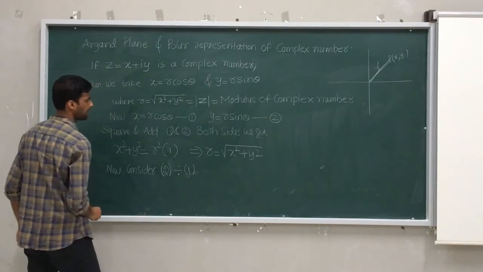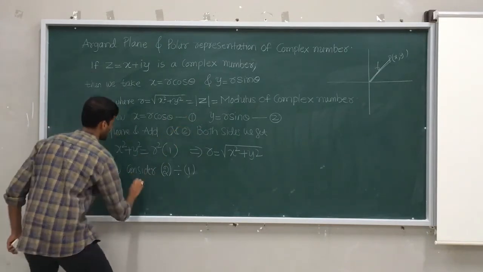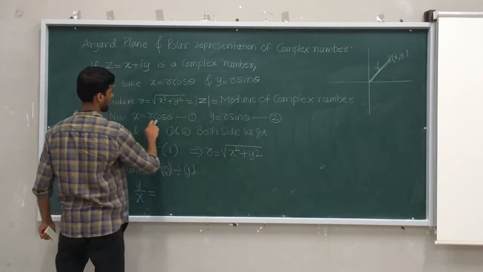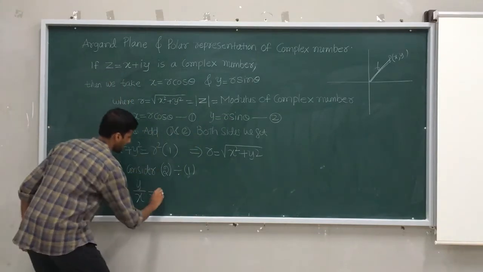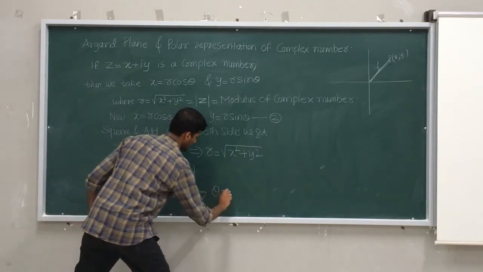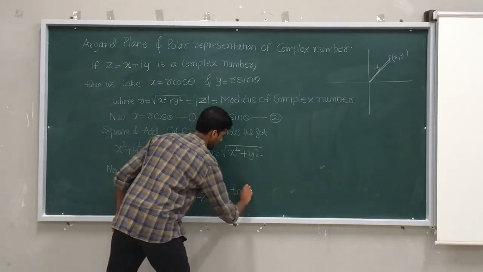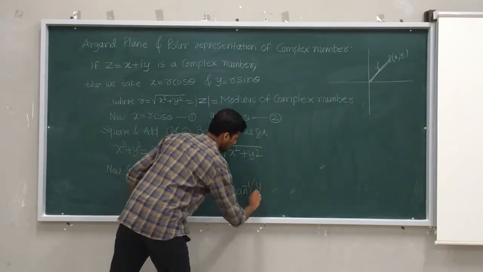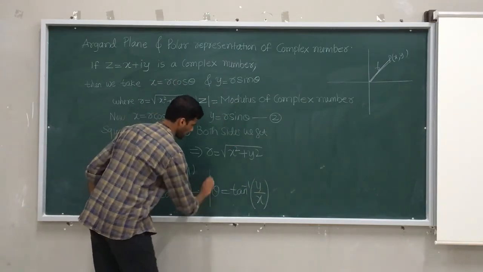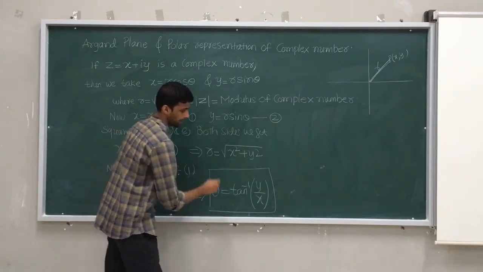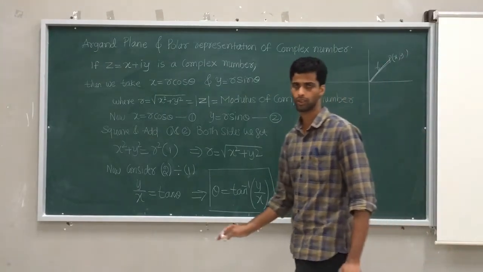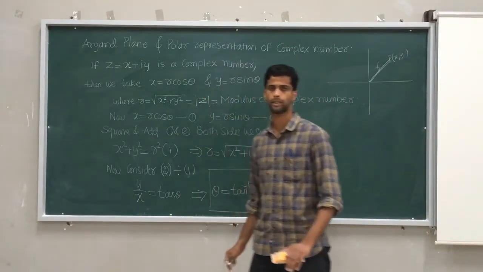When you do y by x, it equals r sin theta divided by r cos theta, which is nothing but tan theta, because r will get cancelled. With this you get theta equals tan inverse of y by x. This is a very important thing, where theta is called the amplitude.